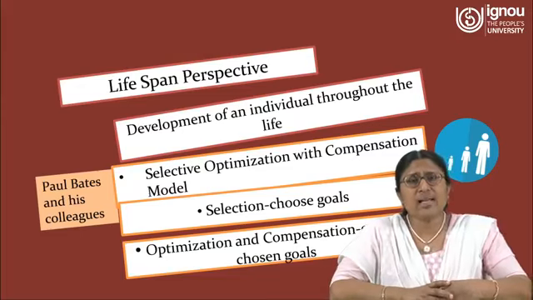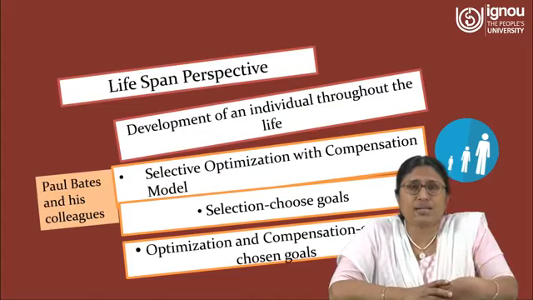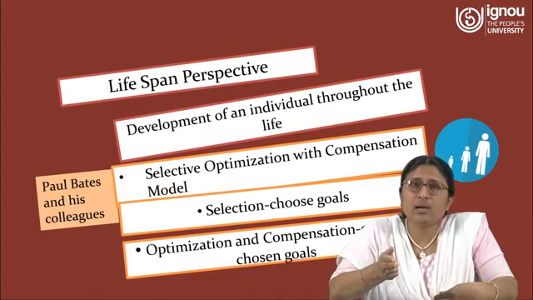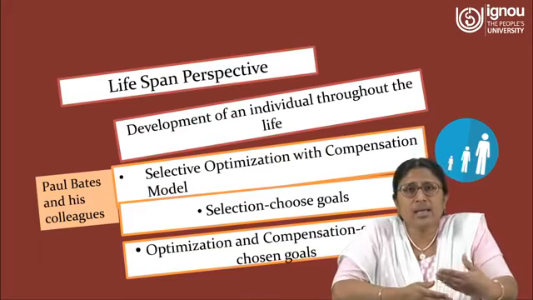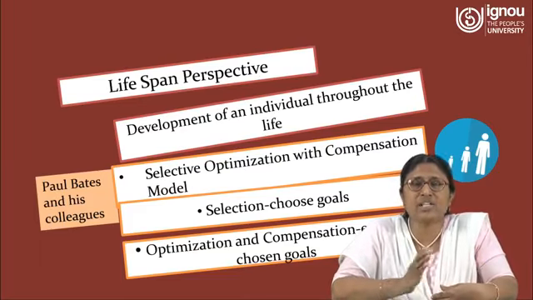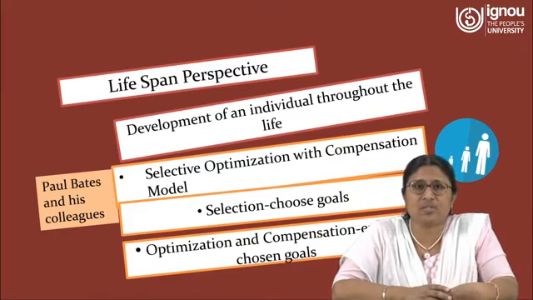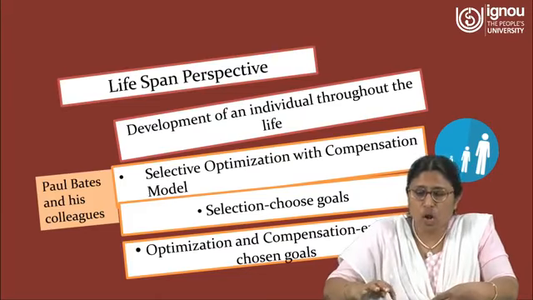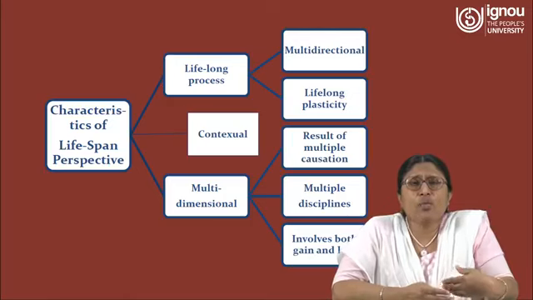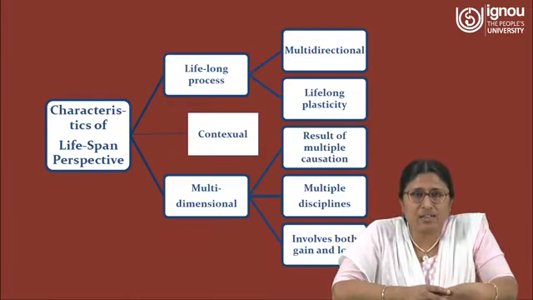Here the child is concentrating mostly on the science subjects, and reducing other reading or extracurricular activities. So here the selection is made, and the optimization and compensation take place through reading different scientific subjects. So this is all about the selective optimization with compensation model.